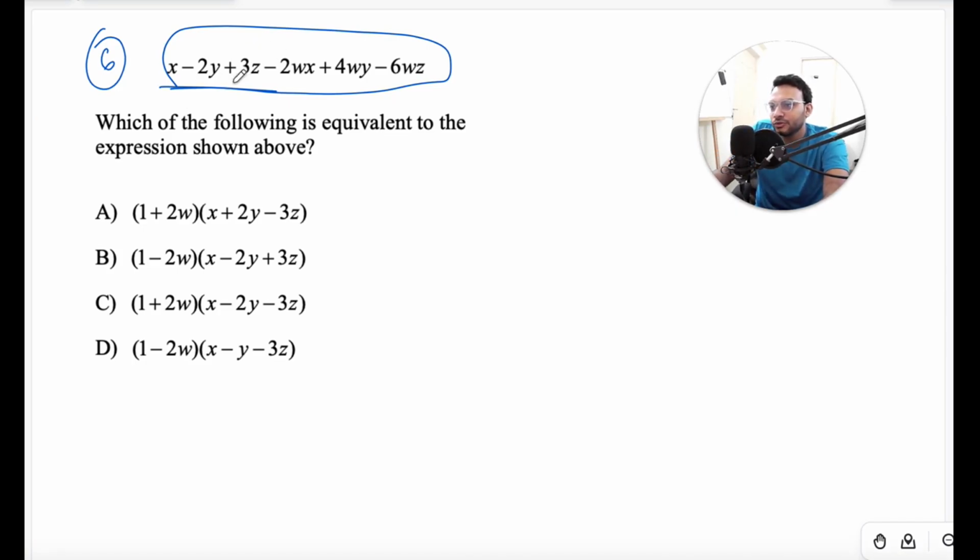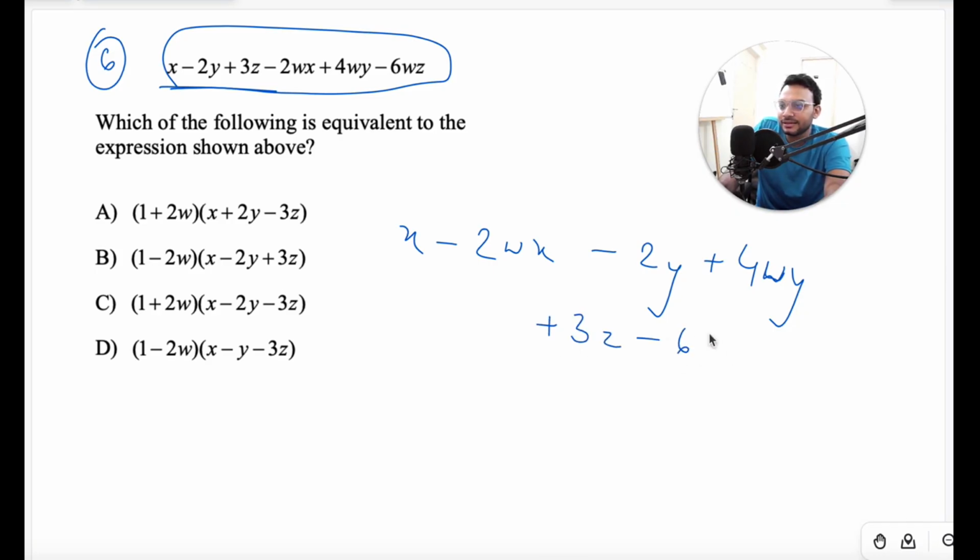So x minus 2y, 3z, let's see what all can be taken in common. I'm saying x minus 2wx, take these together, minus 2y plus 4wy. So right now we're rearranging first. Plus 3z minus 6wz. So this looked like a pattern, that's why I've taken it like this. So x minus 2wx, I take x as common, x times (1 minus 2w).